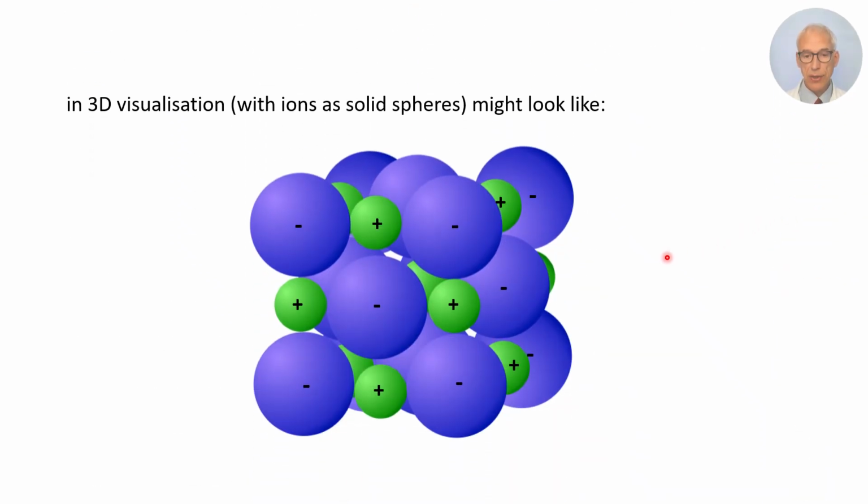You'll also see 3-dimensional representations where we have a positive ion with negative ions to the right and to the left and behind and below, and of course a negative ion with positive ions to the right, to the left, above, below, behind, and of course I haven't drawn them, but they would be in front as well. So you'll see this 3D visualization with the ions as solid spheres.